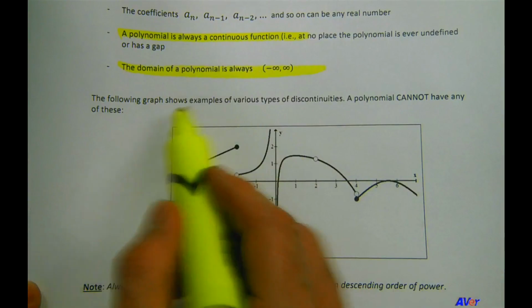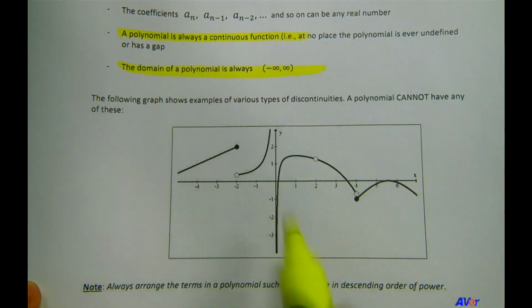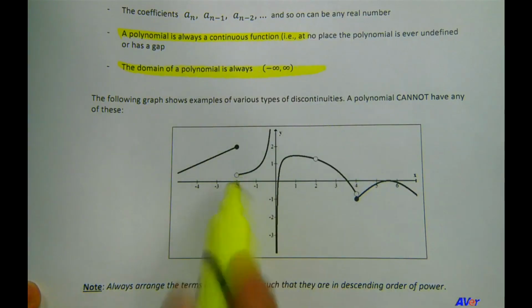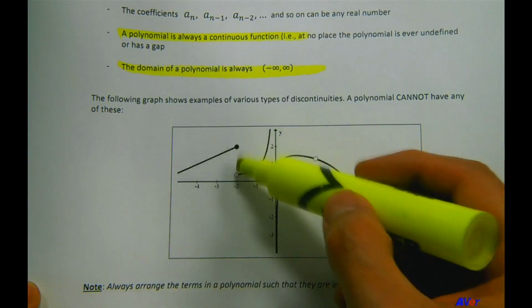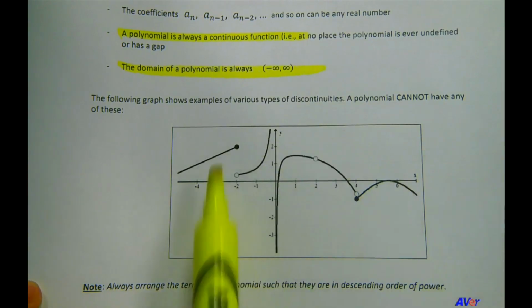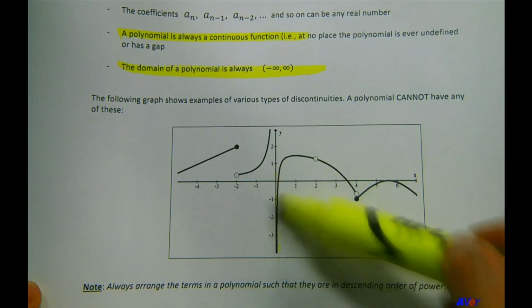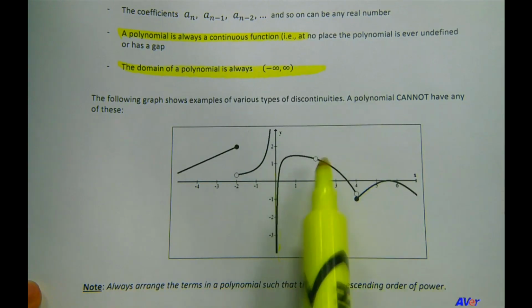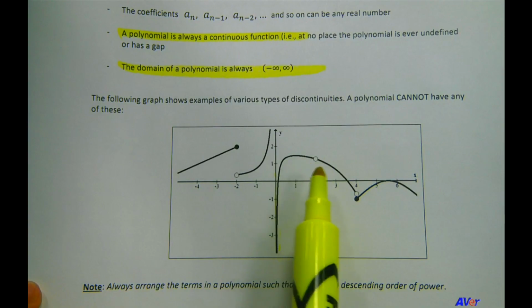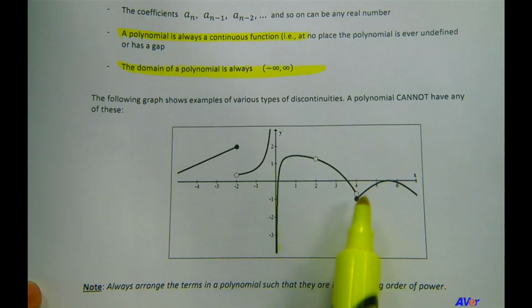The following graph shows examples of various types of discontinuities. These are all discontinuities. Look at the gap. That gap indicates discontinuity. This hollow circle is a discontinuity. Look at this asymptotic behavior. That's discontinuity. That hollow circle is discontinuity. We have a hollow circle and a gap, a very small gap, but a gap between these two points.